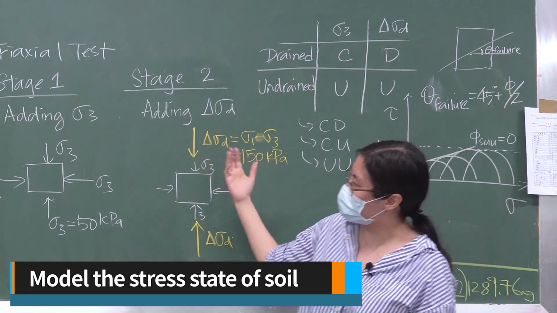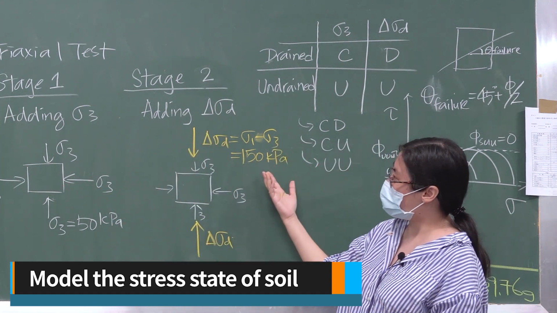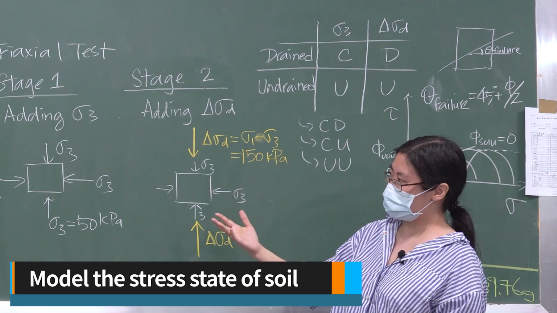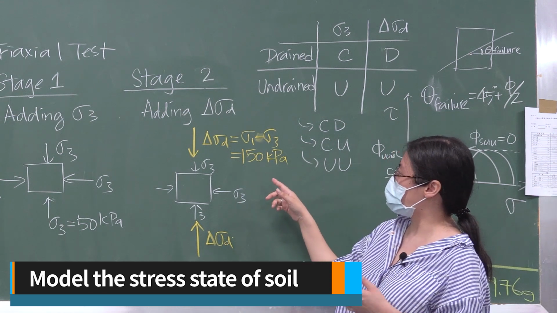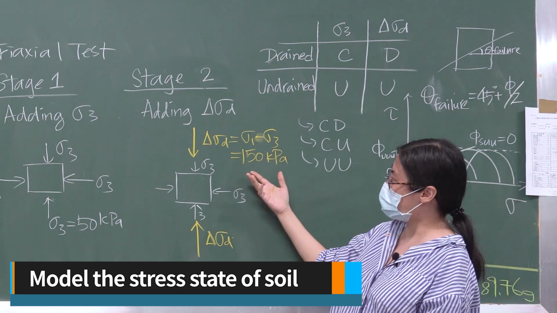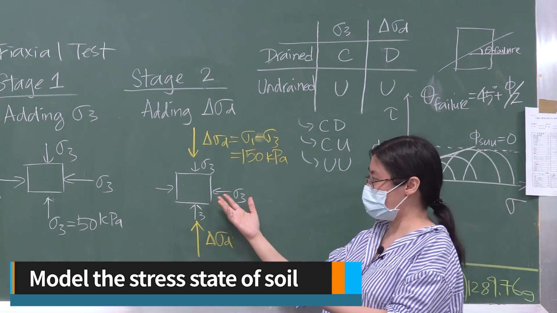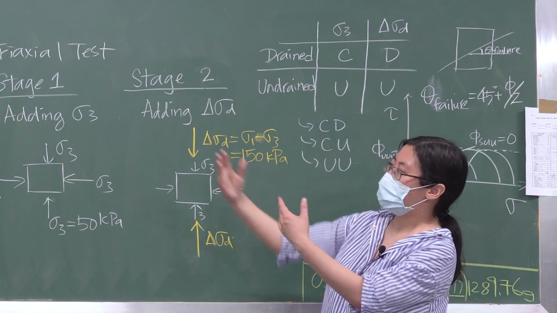Based on our example, the deviator stress that you should apply would be equal to the difference between the vertical total stress and the horizontal total stress, which is equal to 150 kilopascal. You will add this amount of deviator stress in the vertical axial direction, such that you will achieve the stress states that you have at your site.